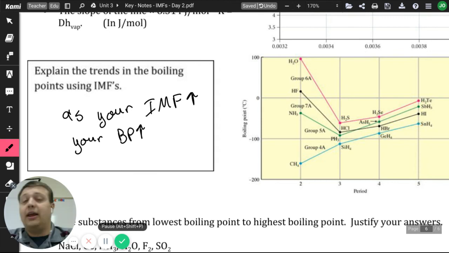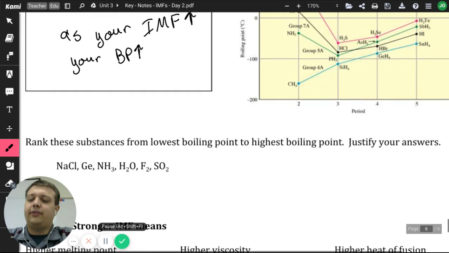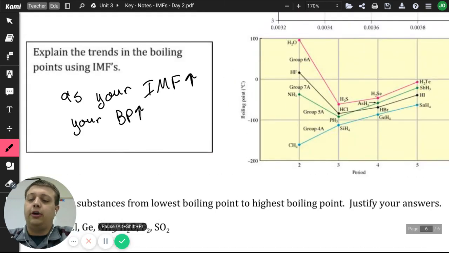And so, again, let's think about that. Well, what is boiling point? Boiling point, again, is us taking that liquid and overcoming its intermolecular forces so that it will turn into a gas. To do that, I do have to increase the temperature, right? And so the more my intermolecular forces are holding onto those molecules, the more energy it's going to take. So the higher the IMF, the higher the boiling point. And that's essentially what we're seeing over here. The stronger your IMF, the higher your boiling point is going to be.